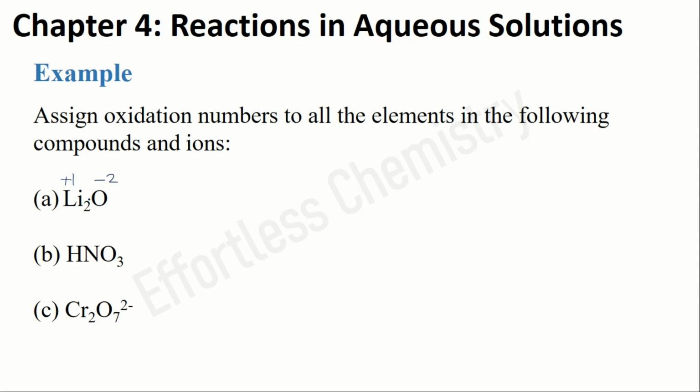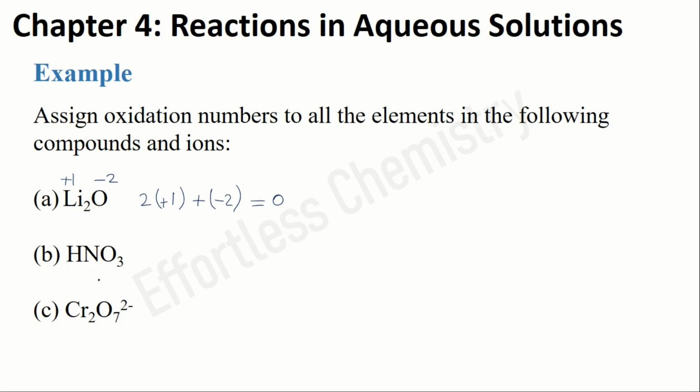If we want to find the total oxidation number of the whole molecule, it has to be 2 lithium with the oxidation number of 1 plus 1 oxygen, and it is 0.